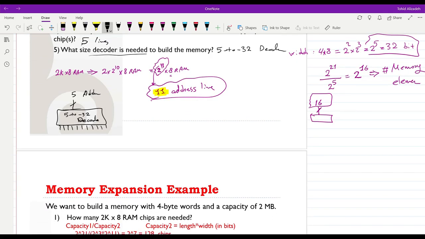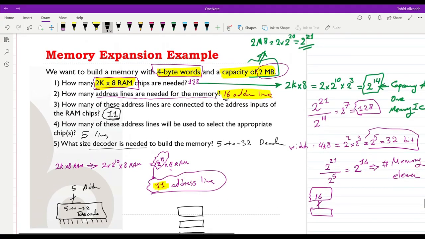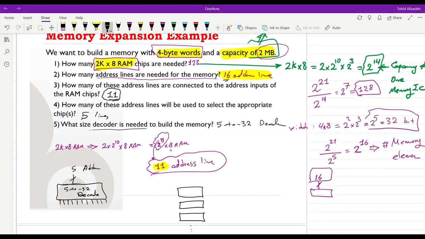And this also would mean that in our block diagram for the required memory that we are going to build, we will have 32 rows. So our matrix will have 32 rows. The number of the columns could be obtained by looking at this. We are going to have 4-byte words, and the width of the memory elements that we are going to use is 8 bits.